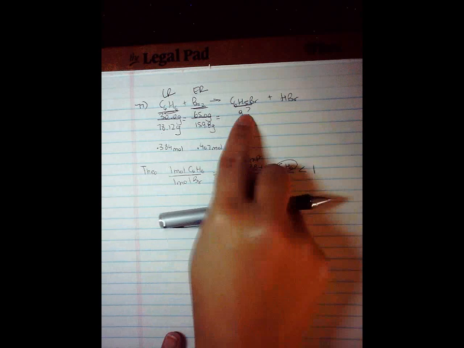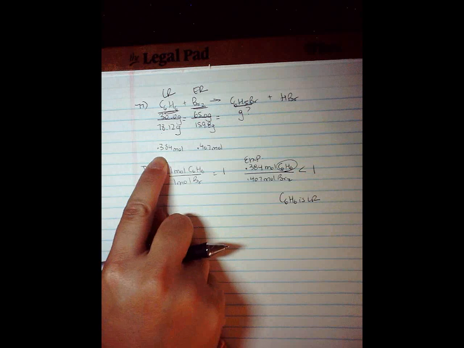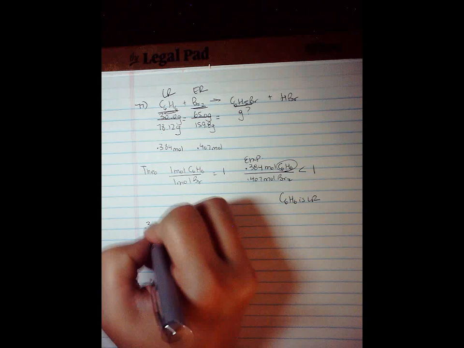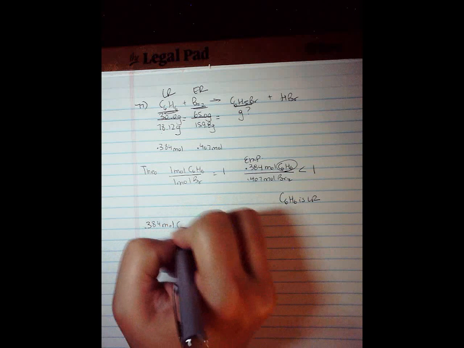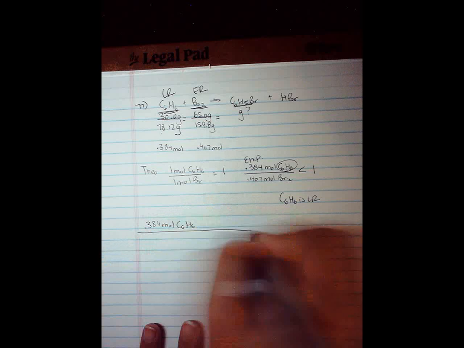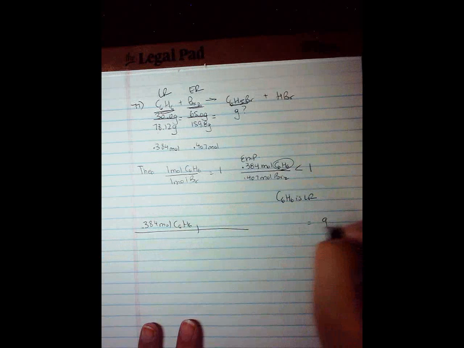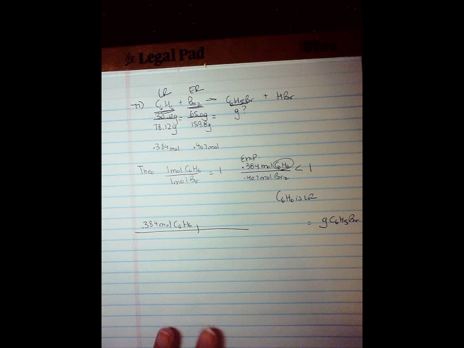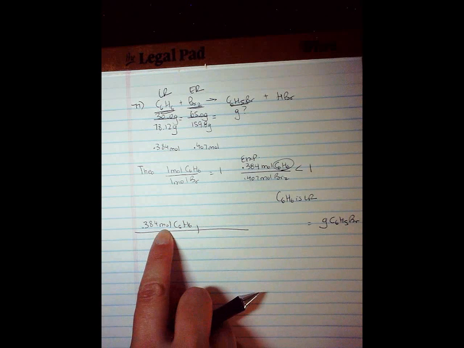All right, to do that, I'm going to start with the value for the limiting reactant. So I'm going to start with 0.384 moles C6H6, and I'm going to convert that to grams of C6H5Br. Because I'm already starting in moles, I can go ahead and jump into the mole ratio.